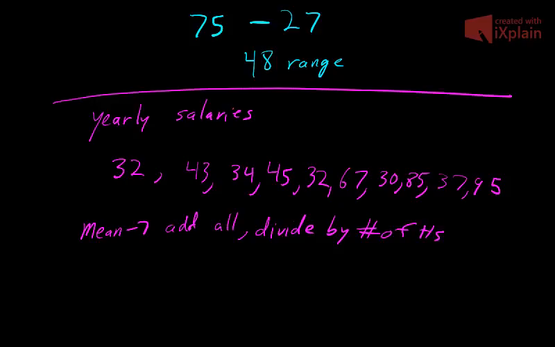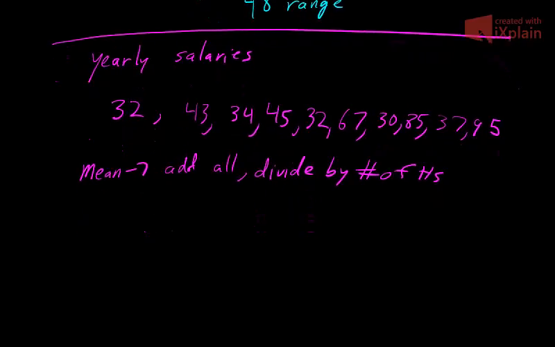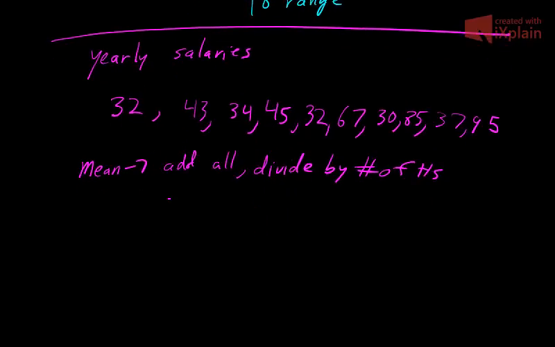So if I add all these up, I'll pretend like I have a magic box. And if I add them all up, I promise that I get $50,000. So $50,000 would be my mean.